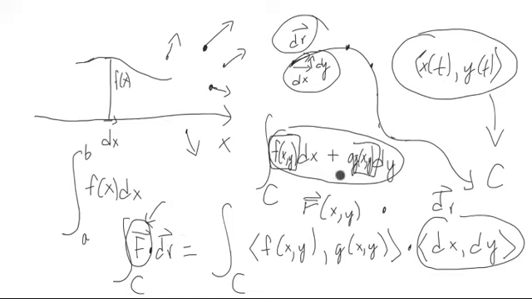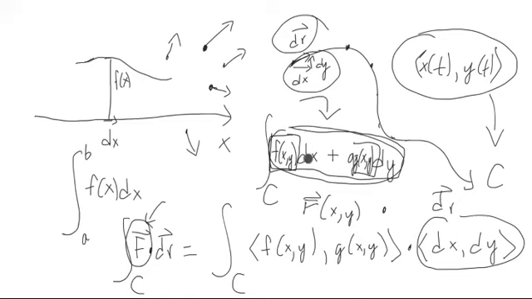We can write it in this form, or we can write it in this form. This form right here is called a differential one form. Notice you have something times dx plus something times dy. It can be thought of as integrating along a line of x and along a line of y and adding the results together.